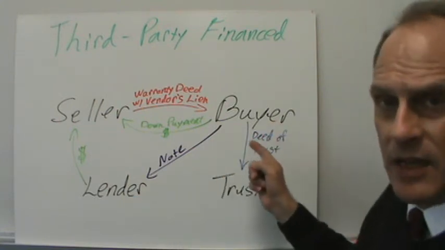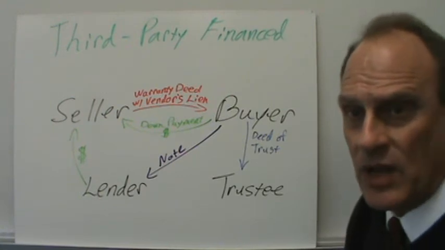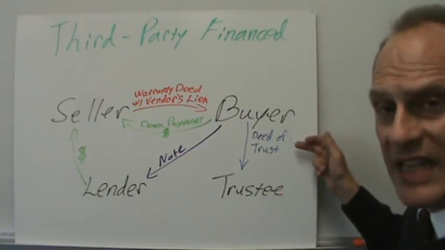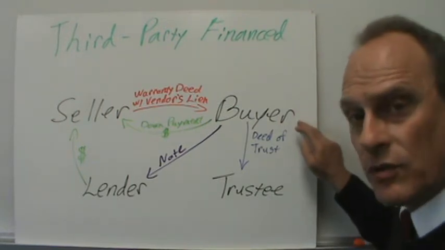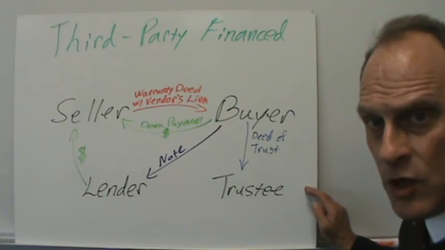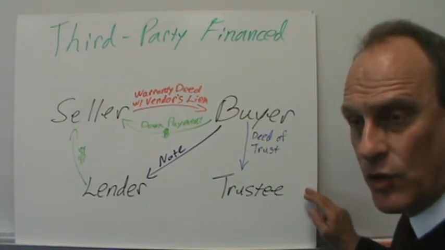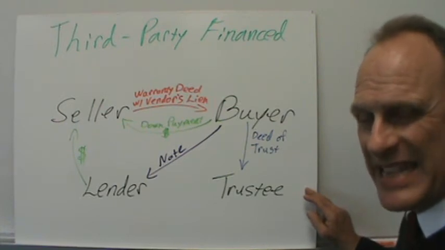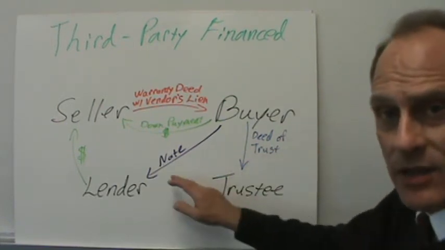But then, if this is in the state of Texas, there's a deed of trust typically involved here. And so the buyer will turn right around and execute what we call a deed of trust to the trustee, who will hold the property only so as to foreclose on it in the event, and only in the event, the buyer doesn't pay the note.